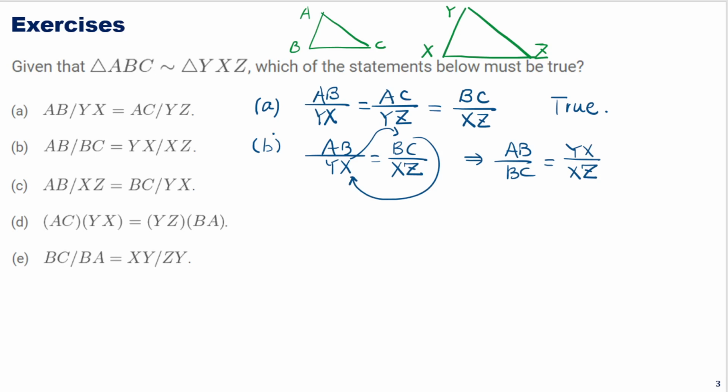This involves use of a little algebraic knowledge here. So this is also true. And for statement C, AB over XZ equals BC over YX. This is not necessarily true, right? Because from the given information here, we cannot derive such a statement.